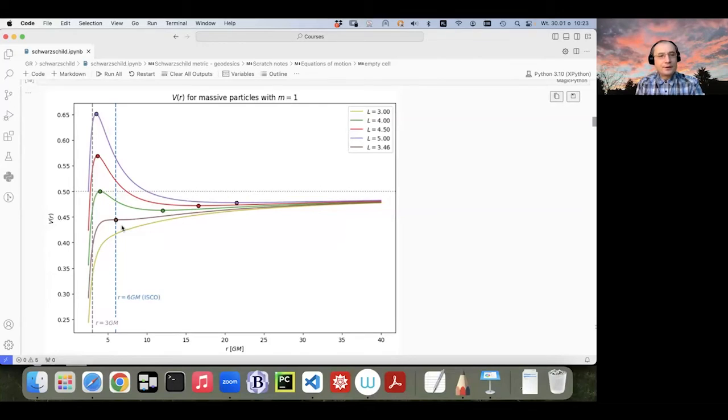However, something interesting happens if L is too small. First of all, apart from just a minimum around which our body can oscillate, or on which it can simply stay on a circular orbit, there's also a maximum, at least for sufficiently large L. A maximum of the potential, in principle, also corresponds to a possible circular orbit, but this orbit would be very unstable.